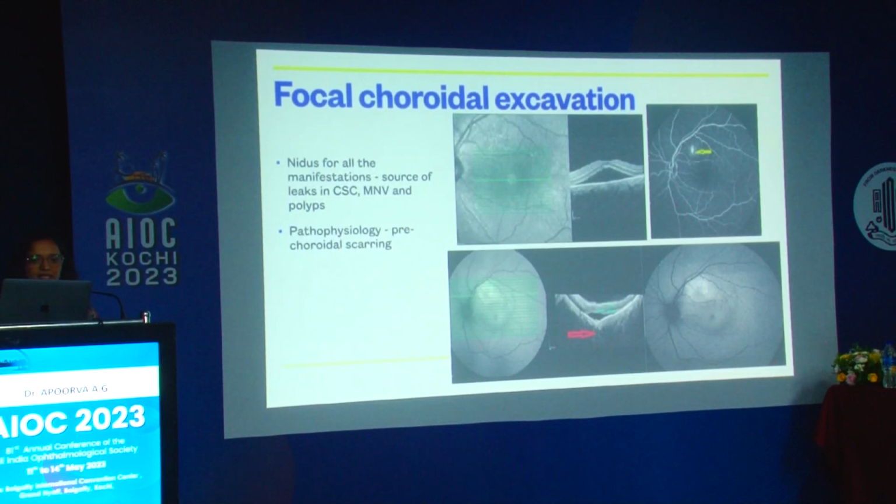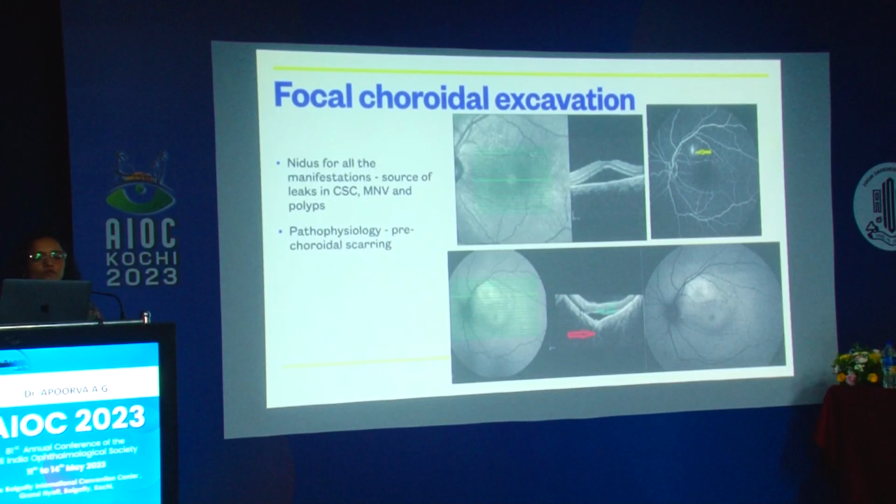So this is a case that we had of acute on chronic CSC, with recurrent CSC attacks every year for this patient. And if we see the foveal line scan, there is what looks like a typical acute CSC. But this patient on autofluorescence showed an area of hyperautofluorescence in the superior macula, and the leak was also in that site. So basically this was a focal choroidal excavation in the superior macula.